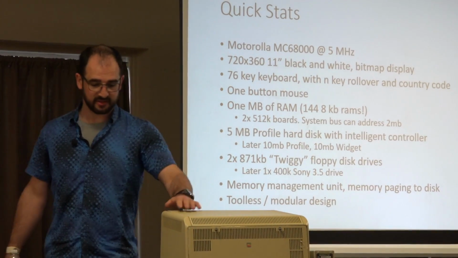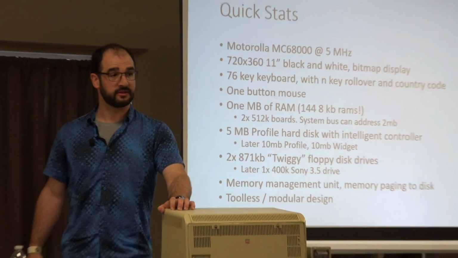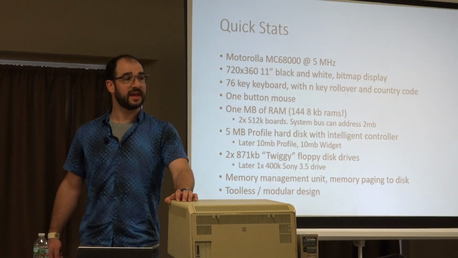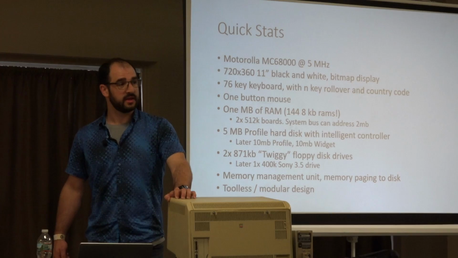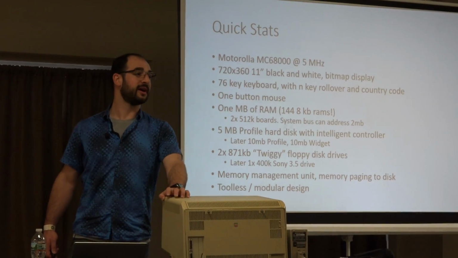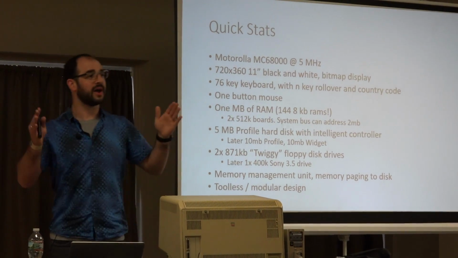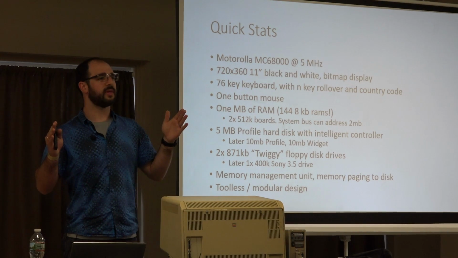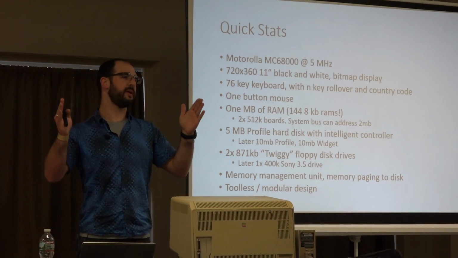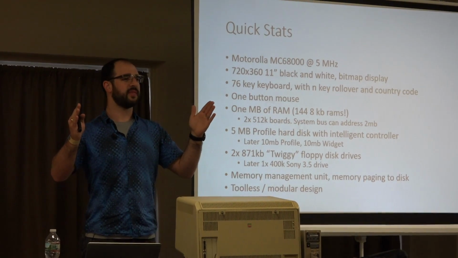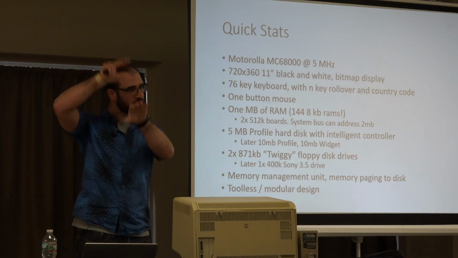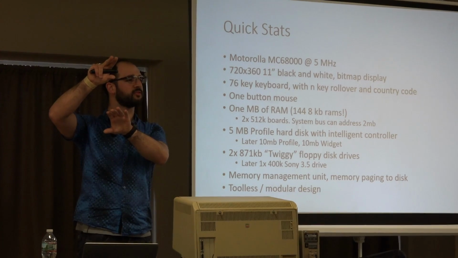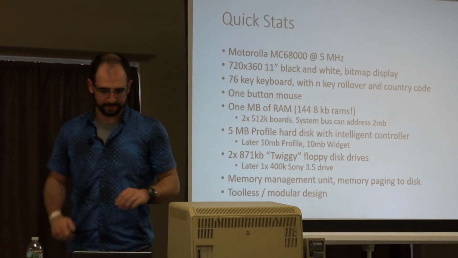It has a 720 by 360 display, black and white, and part of that decision of it being an office computer is that the pixels on the screen are not square. They are twice as wide as they are tall, so that you can display the full width of a page of text. But then scrolling was easy, so you'd have to scroll to fit each half of the document on the screen, but that kept hardware costs down.